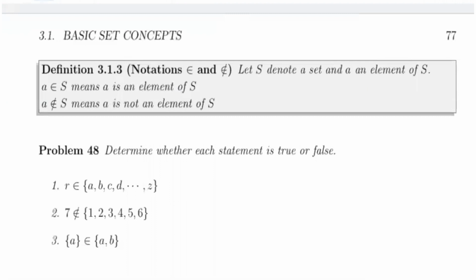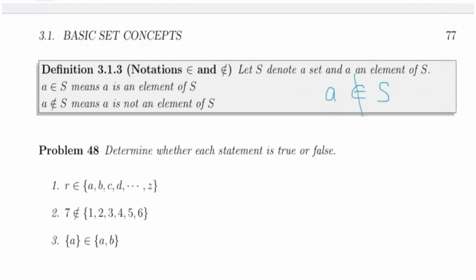You see an element of: A is an element of S. A is not an element of S. Let me write it big. A is an element of S. A is not an element of S. Do you understand this notation?